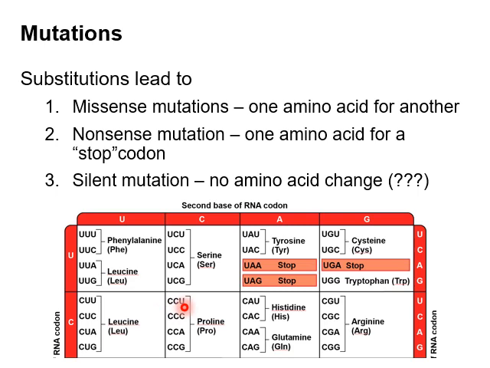If there's a mutation, so now instead it's CCC, you're still going to produce proline. There's not going to be any change in the amino acid sequence even though there was a change in the RNA sequence. So silent mutations have no effect because you still have the correct amino acid, and so you still end up with the correct functioning protein.